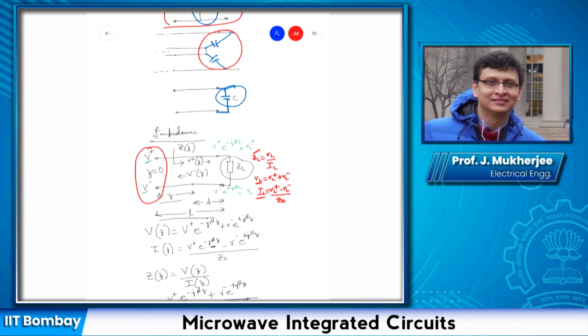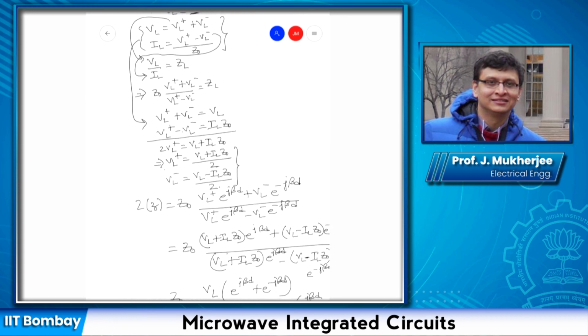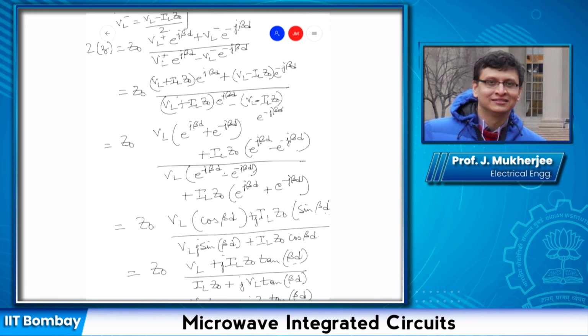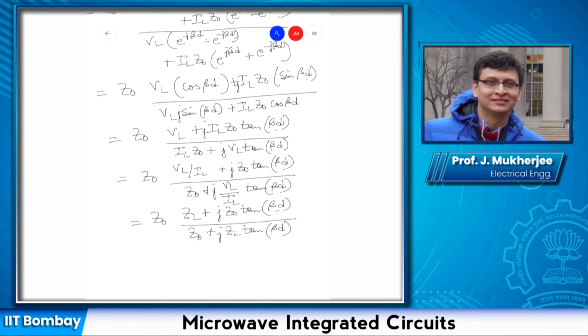Okay, so if this were not a lossless line, then I would like you to go through the derivations yourself, and in that case the value of Z of d would be given like this.